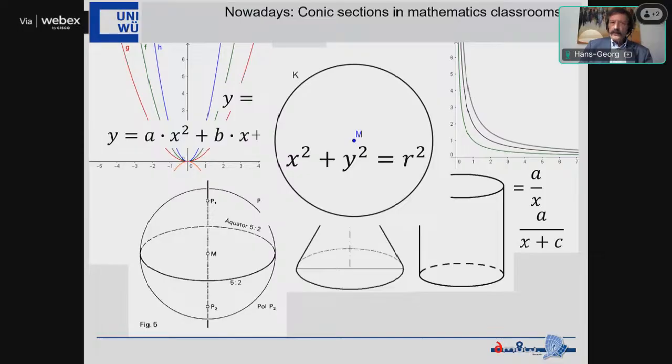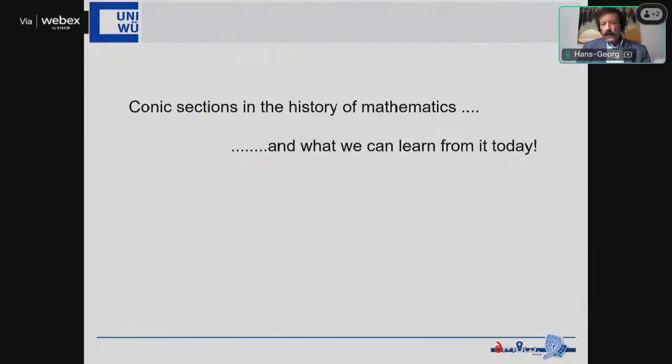In common schools in Germany, this is what you do in conic sections, and we will think about how it might be possible to find possibilities to integrate conic sections a little bit more into mathematics lessons.